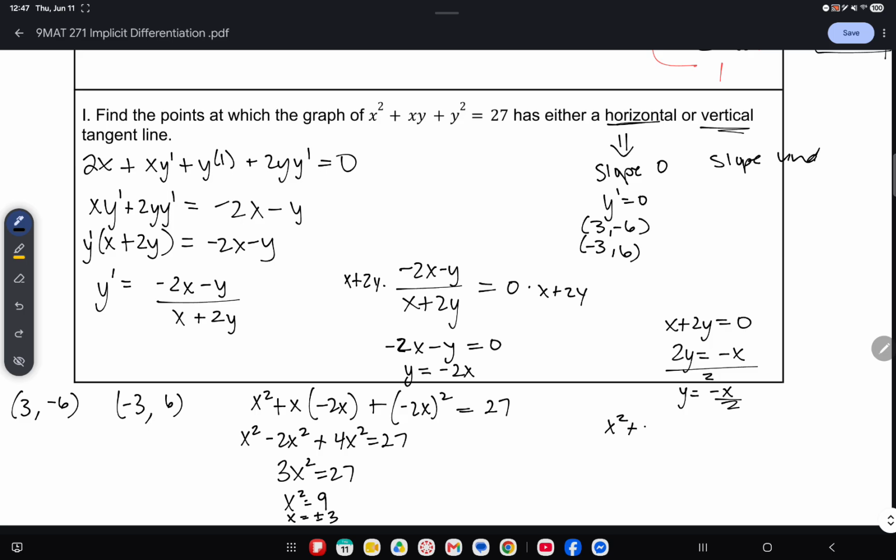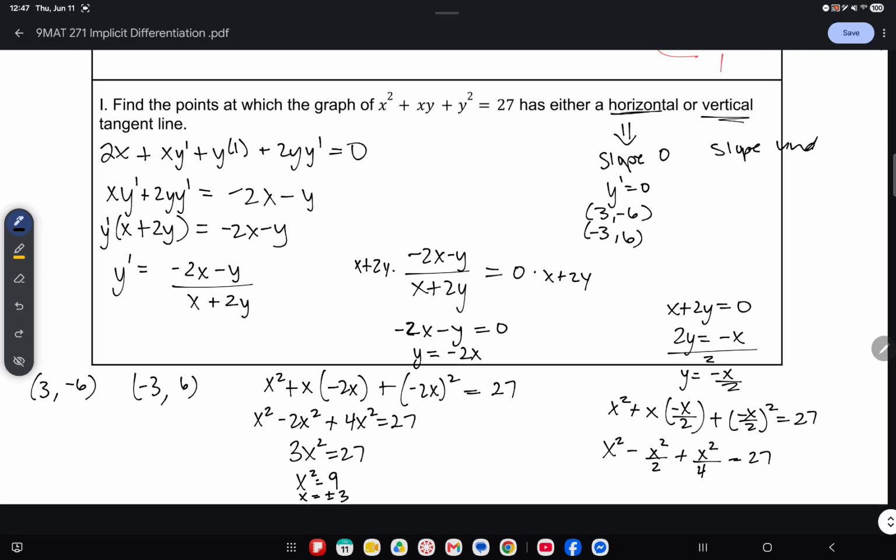So x squared plus x times negative x over 2 plus negative x over 2 squared is 27. So let's see here. We got x squared minus x squared over 2 plus x squared over 4 equals 27.